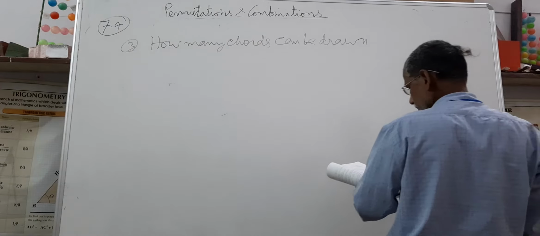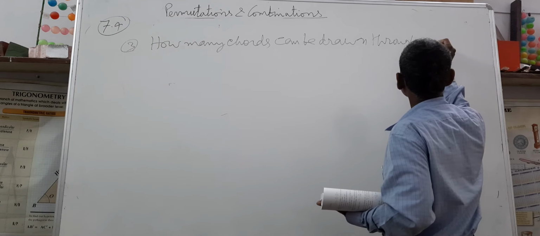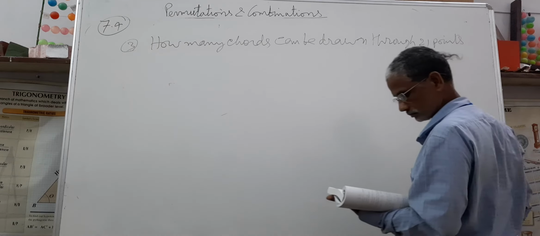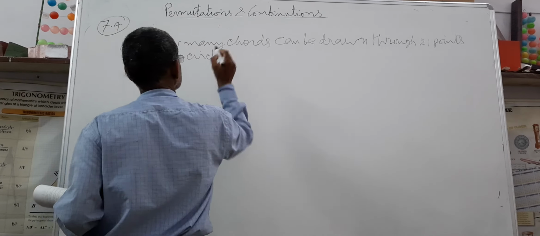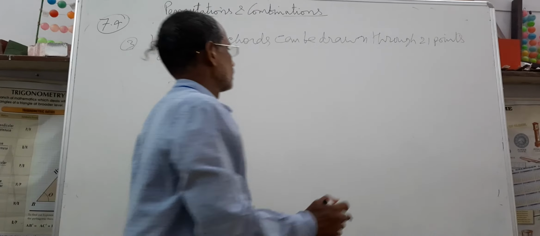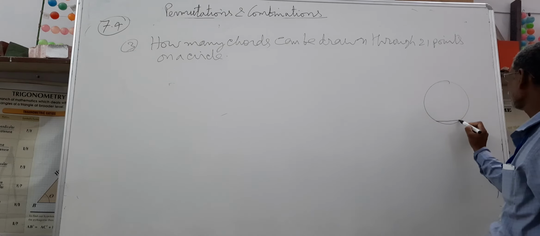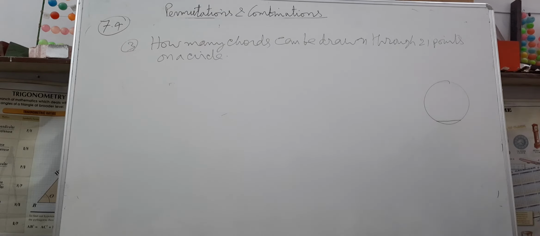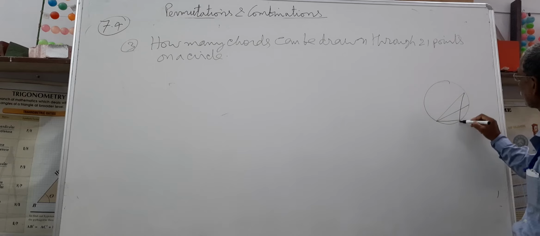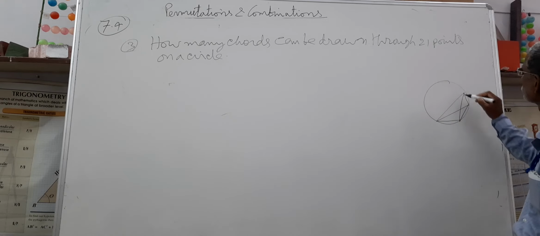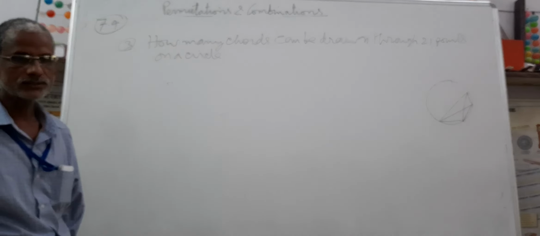How many chords can be drawn through 21 points on a circle? In any circle, if you join any 2 points, you will get a chord. Any 2 points, you will get a chord. There are a total of 21 points.